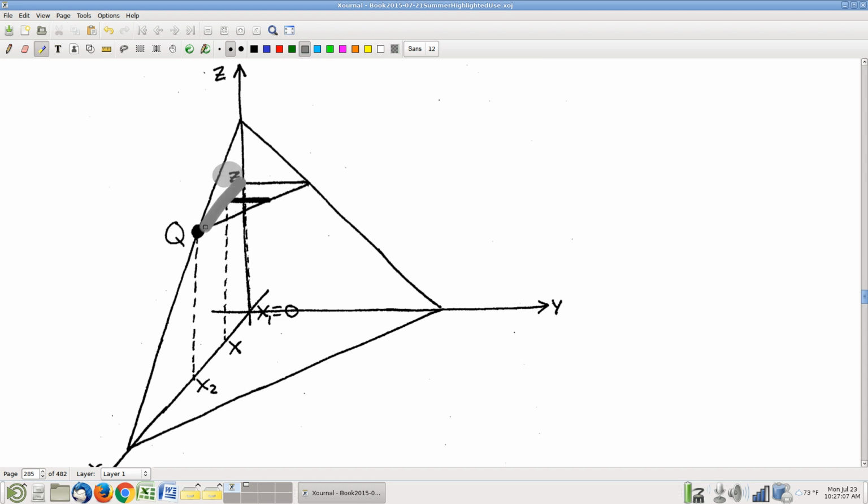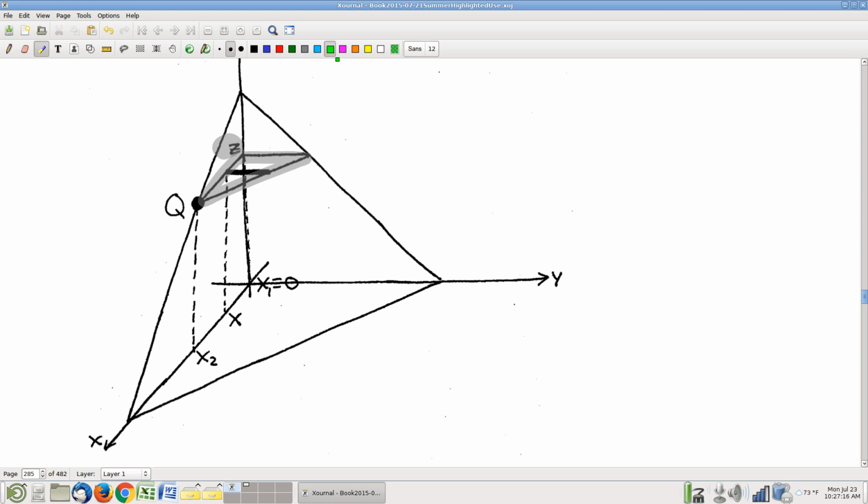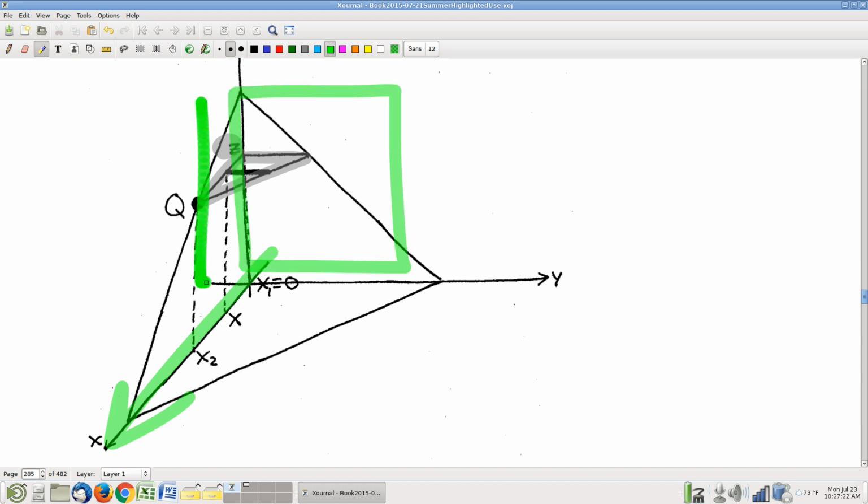We're looking on this z slice. On that z-slice, I want to know what happens when I slice perpendicular to the x-axis. Here's my x-axis. Slices perpendicular to the x-axis are like that. And I appeal to your geometric intuition.